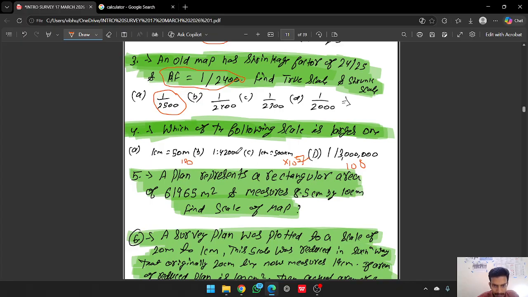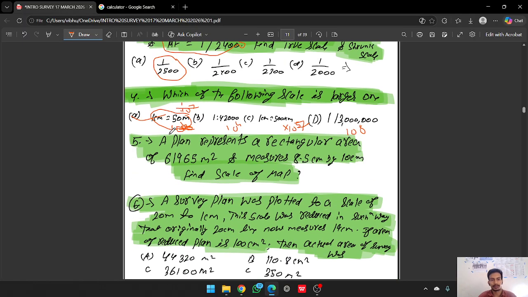Here 3 4 0, 4 0. Here 2 0, 3 0. Here 3 0. So this is the ratio. Among the ratios, the one whose denominator is less is known as the larger one. So here 3 0 is the smallest denominator, so this is the answer.